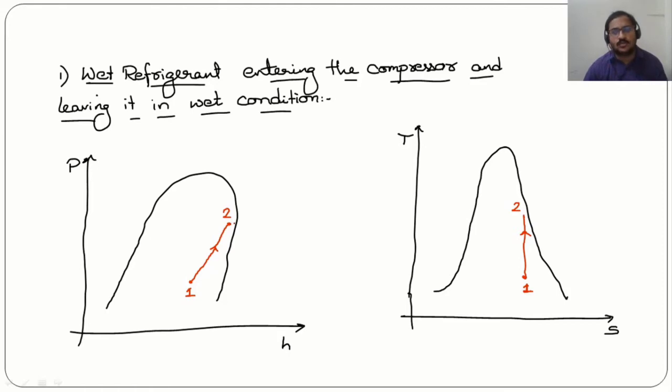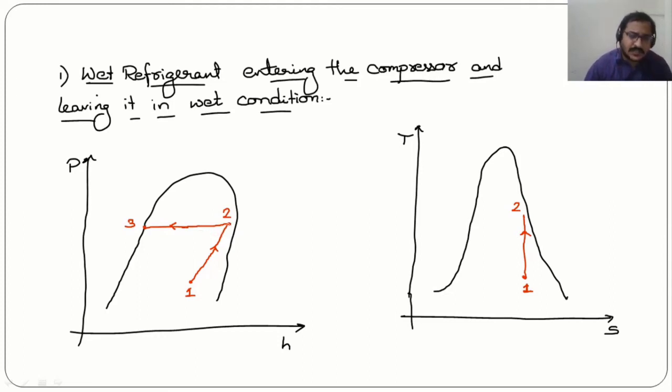Then process 2 to 3 is condensation in the condenser. See, condensation happens at constant pressure. So condensation is a phase change phenomenon. At constant pressure, there will be phase change from vapor state to the liquid state. So 2 to 3 we will get a horizontal line in the pH diagram.